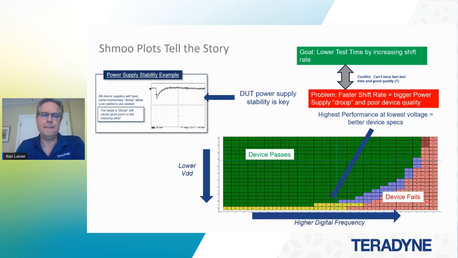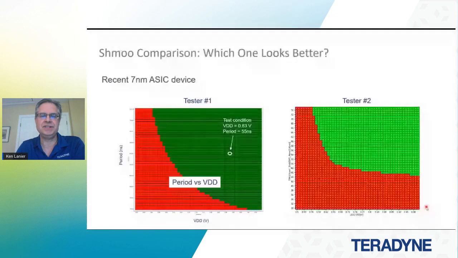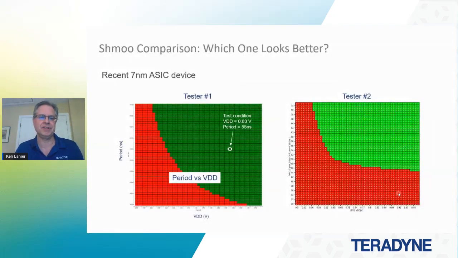So, I have an example from a device that we did recently, and now this is a little bit reversed. The axes are going in the other direction, but you get the idea. There is a test condition where we have a certain VDD we programmed at a period of the test program, and we tried it on one tester and got a result that looks like the thing on the left.